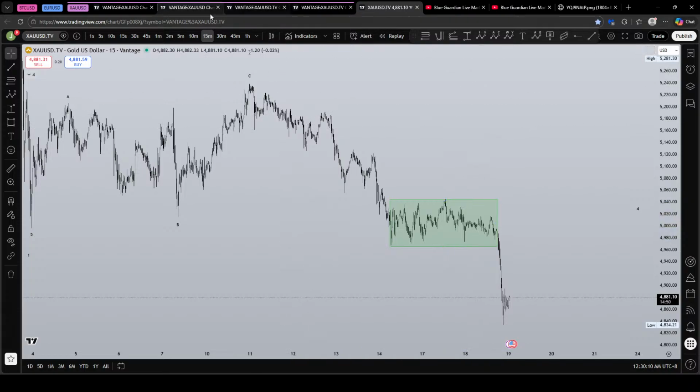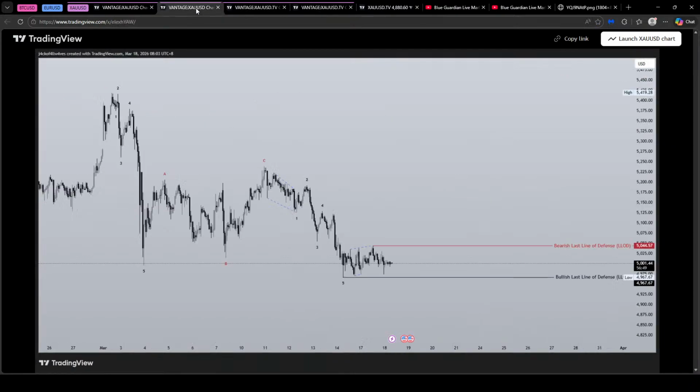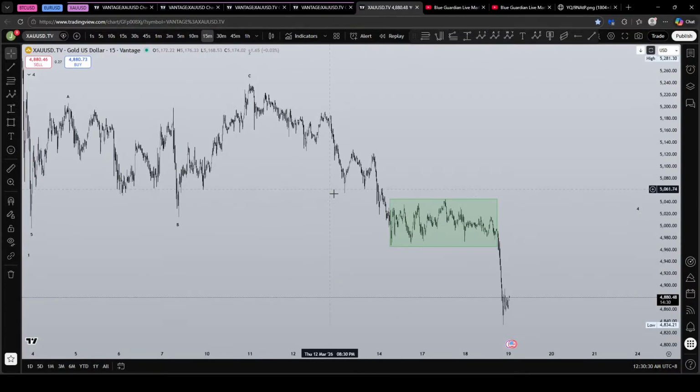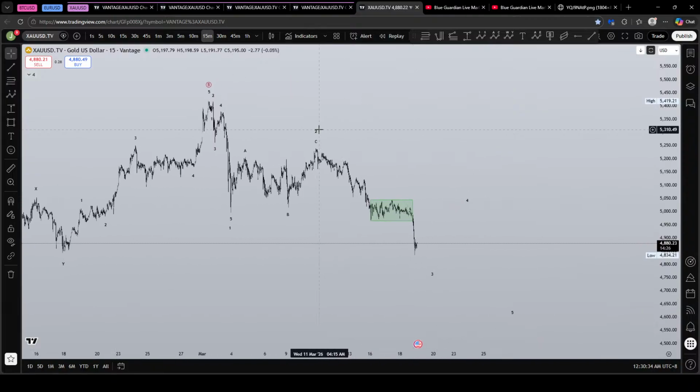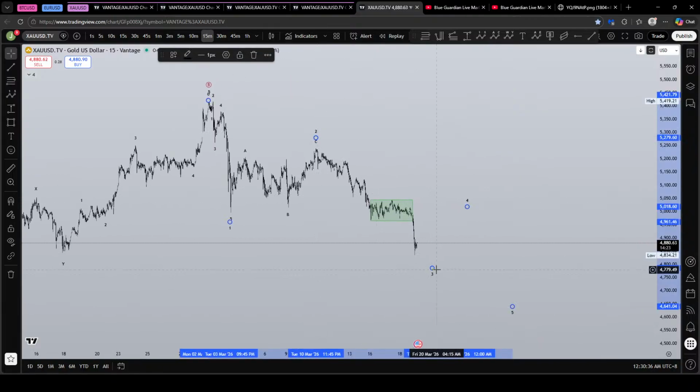Now, based on this structure or this wave counting, I have forecasted that the market will continue to go down or will break the last line of defense to complete the internal waves of this first downtrend here, which is the possible internal waves of this wave 2 to 3.